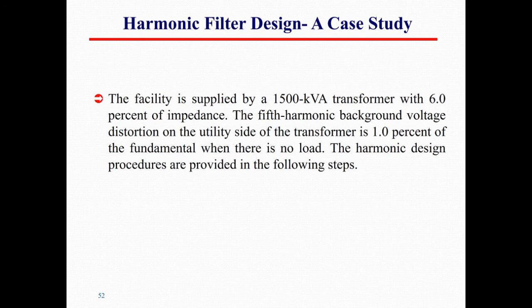Furthermore, the facility is supplied by a transformer with 6% impedance. The fifth harmonic background voltage distortion on the utility side of the transformer is 1% of the fundamental when there is no load.